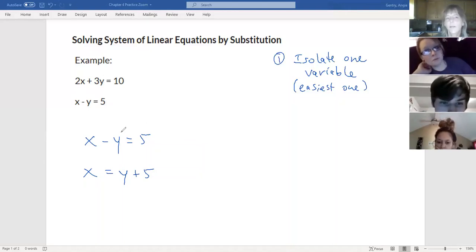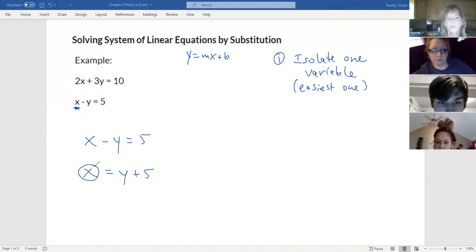I could move that y and isolate the y, and I understand you're trained in chapter 3 to do y equals mx plus b, so you're always isolating the y. You don't have to. When you're substituting, you're simply looking for the easiest one to isolate. In this case, x is the easiest because all you have to do is add y.